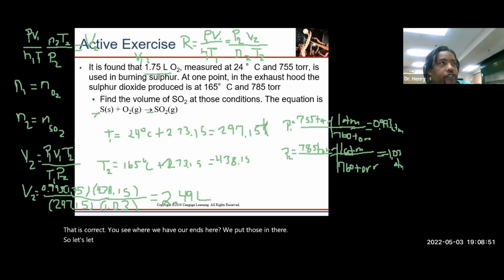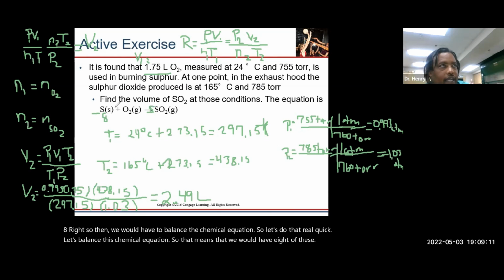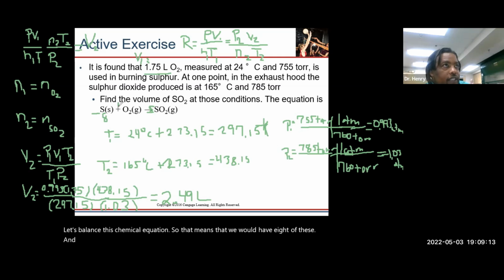Let's just say that this was really sulfur 8. So then that means that this was S8. So then we would have to balance the chemical equation. Let's do that real quick. That means that we would have 8 of these and then 16 of these.